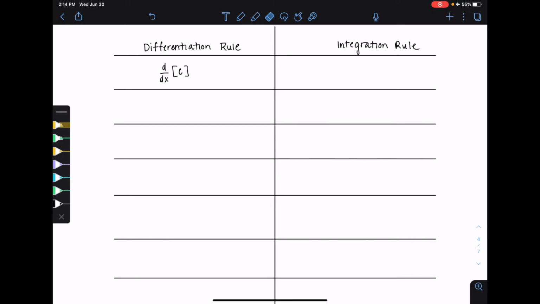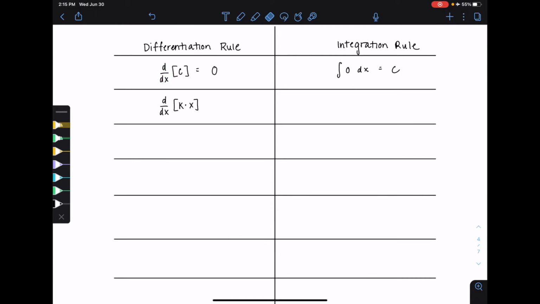So first and foremost, if we take the derivative of a constant, we get 0. So if I want to take the integral or antiderivative of 0, I'm going to end up with a constant. So basically, I'm starting on this side and taking the antiderivative of this. It's getting rid of the fact that I took this derivative over here. Okay.